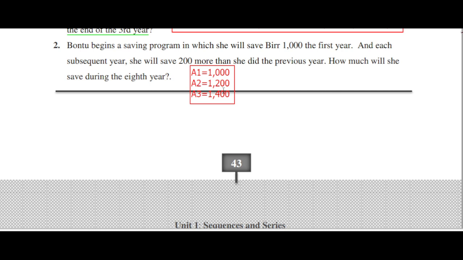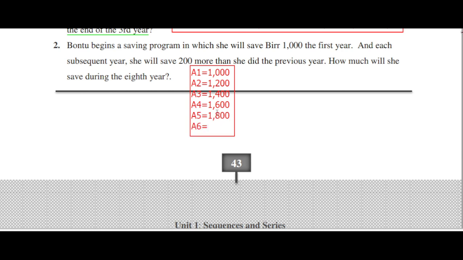A4 is equal to 1,400 plus 200, 1,600. A5 is 1,600 plus 200, 1,800.